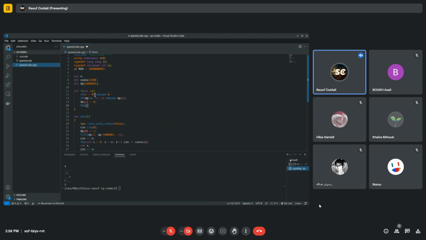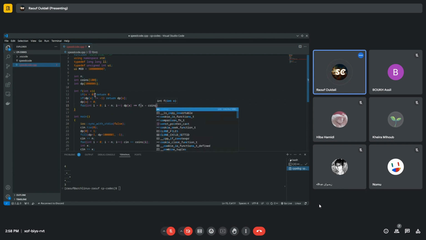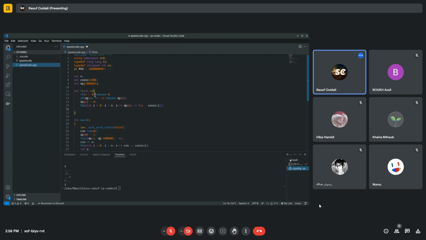So for i equals 0, i less than n, i plus plus, dp of x plus equal f of x minus c_i. Return dp of x.